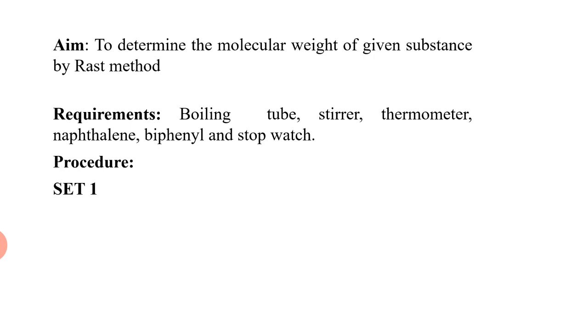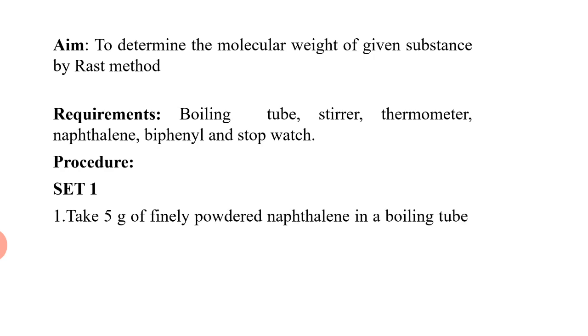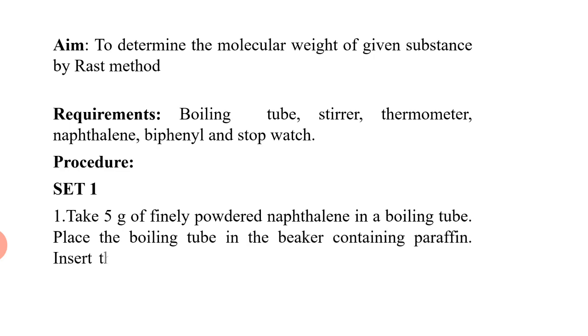Set 1. In set 1, take 5 gram of finely powdered naphthalene in a boiling tube. Place the boiling tube in the beaker containing paraffin. Insert the thermometer in the boiling tube.